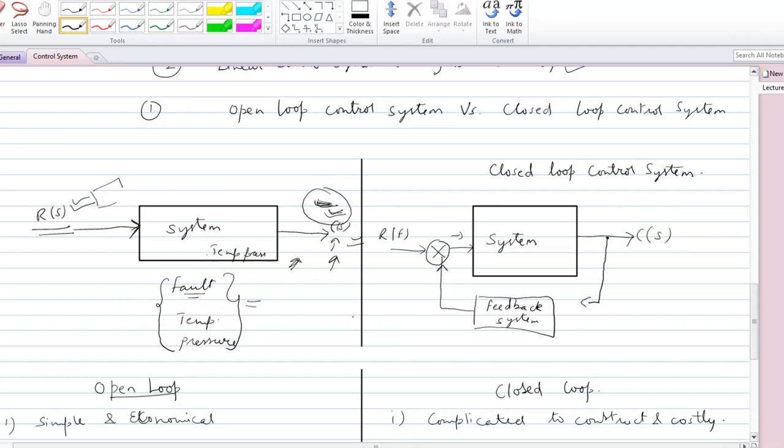Due to these external parameters, your output will change instantly.